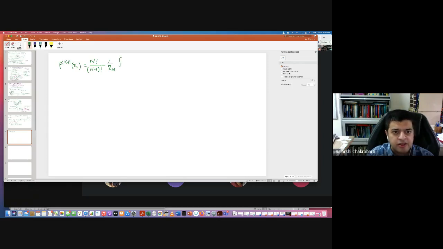This integral has everything other than r1, no? If you have any problem, tell me. Is this clear?